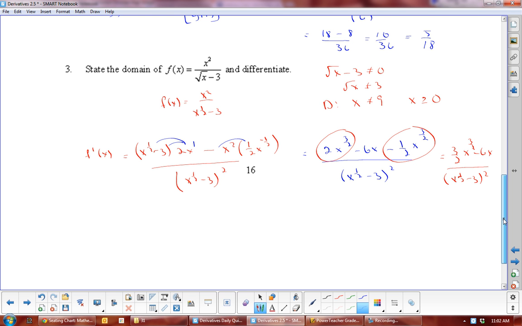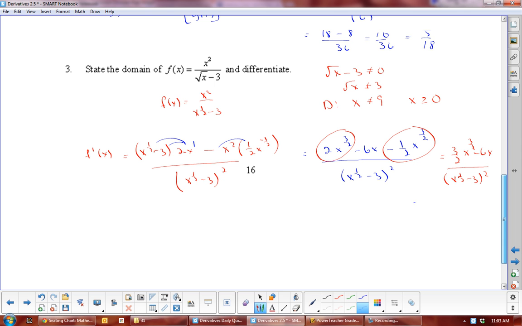Okay, so we can still go, and we want to take that fraction out front. Now we can do this by dividing 3 over 2 out front.